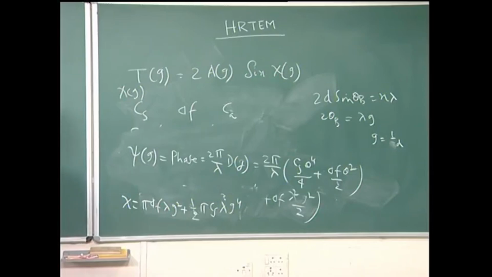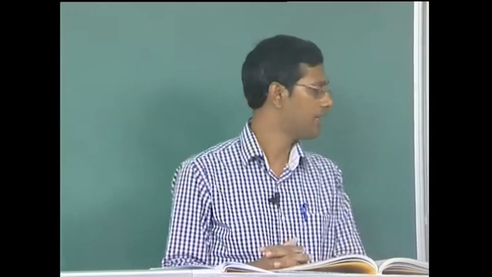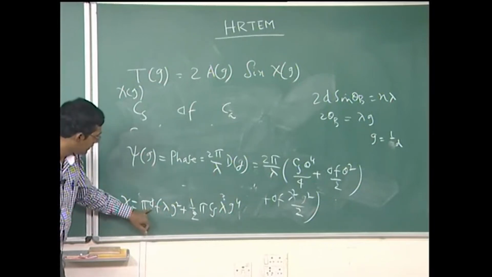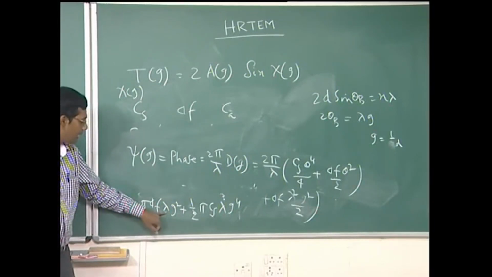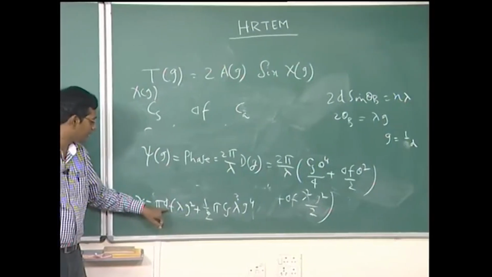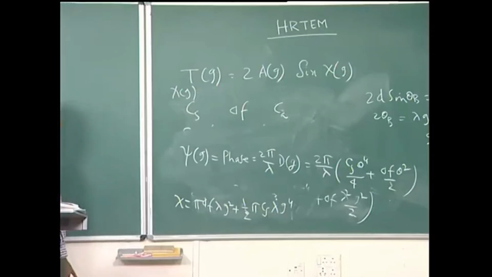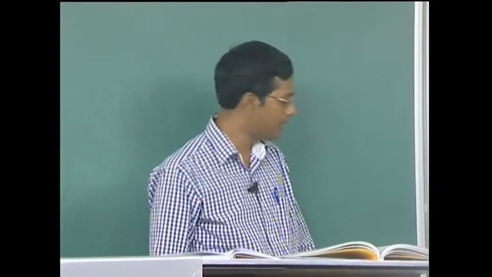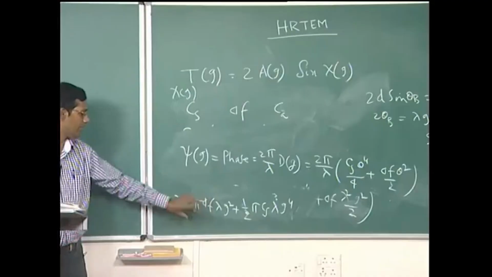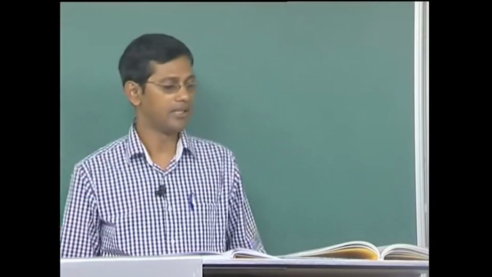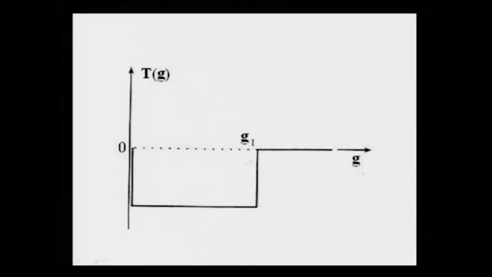We need to use certain tools to calculate that, but whatever you see, the psi depends not only on delta f, lambda and g, but also on C s very strongly. So, that is why one needs to optimize the delta f and the C s in an electron microscope very clearly.